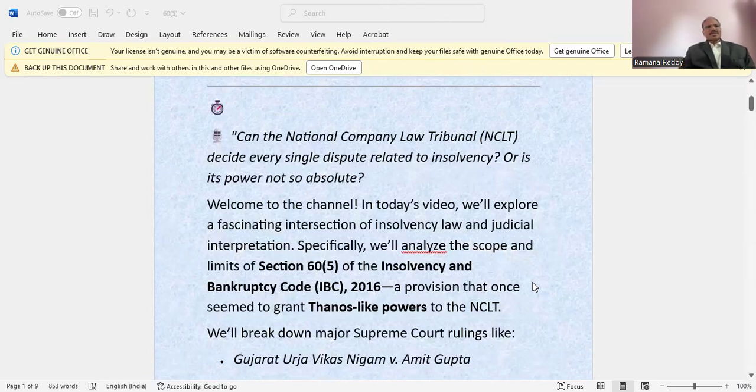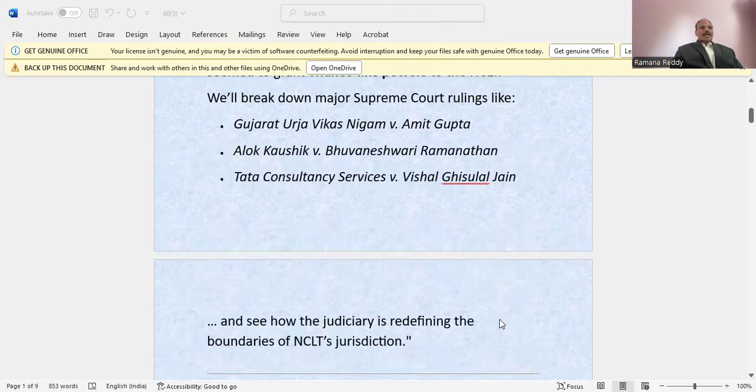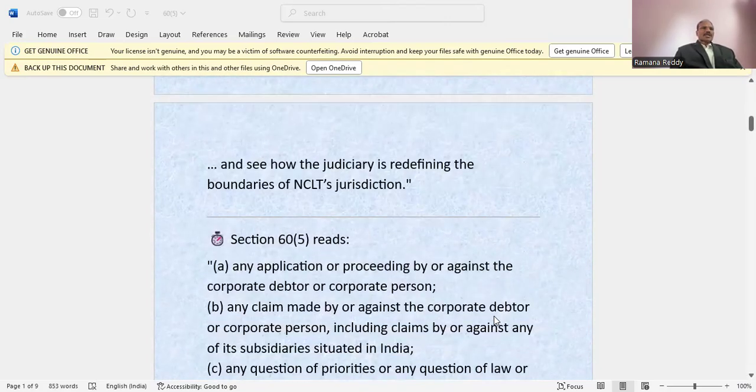So we'll break down the major Supreme Court rulings like Gujarat Urja Vikas Nigam versus Amit Gupta, Alok Kaushik versus Bhuvaneshwari Ramanathan, Tata Consultancy Services versus Vishal Ghisulal Jain, and see how the judiciary is reading the boundaries of NCLT jurisdiction.